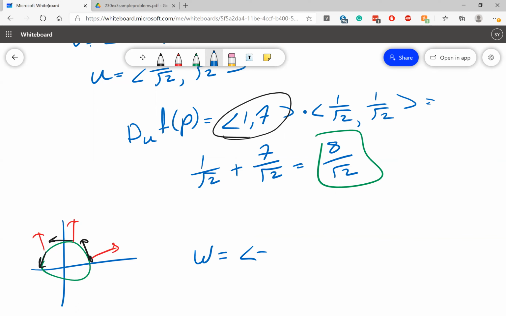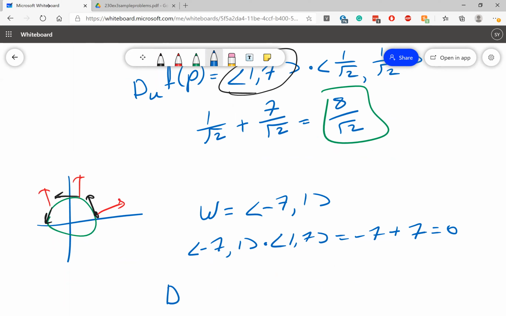equal to (-7, 1), then we would have (-7, 1) dotted with (1, 7). That would be equal to -7 plus 7. And so the directional derivative in that direction would be 0, because these two are orthogonal. And we can even check that.